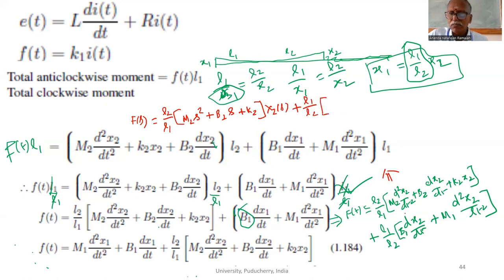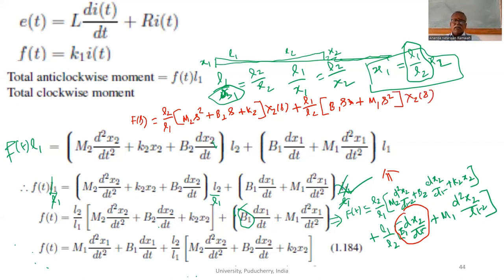If we take the Laplace transform of this, what you will get? b1 s x2 of s plus m1 s square x2 of s. That's all.